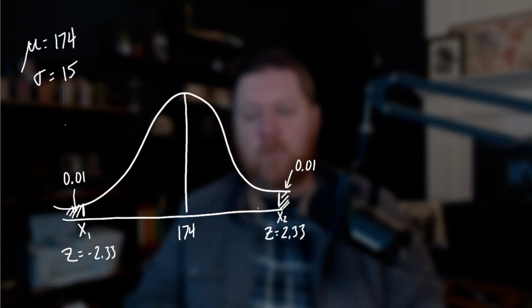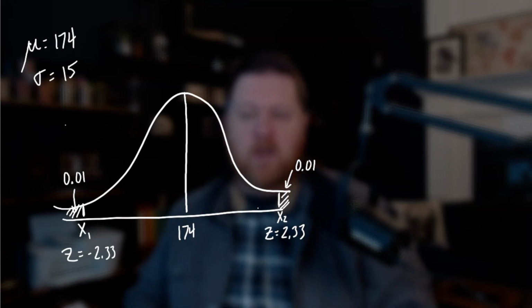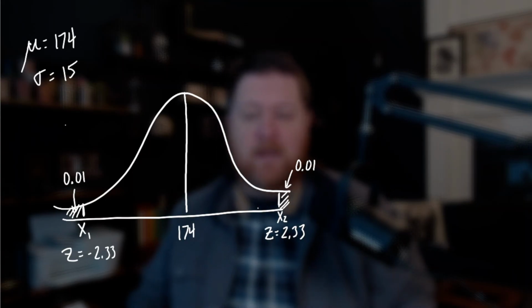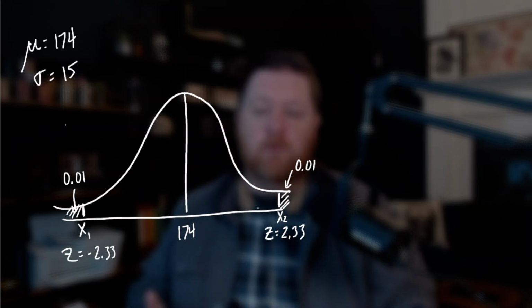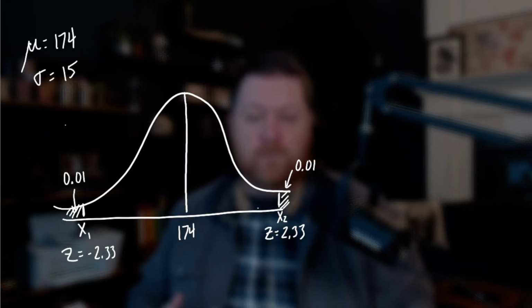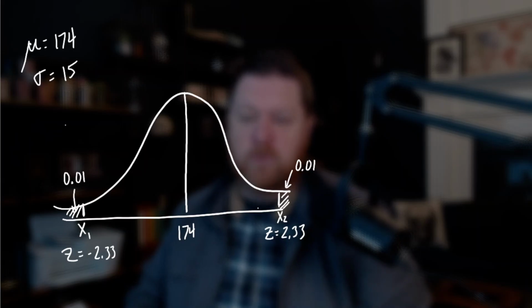The top 1% and the bottom 1% are the same distance away, and therefore they should have the same z-score. Just one is negative, which means it's below, and the other one is positive, which means it's above. So the z-scores have the same absolute value. They're the same distance away, which is the 2.33.